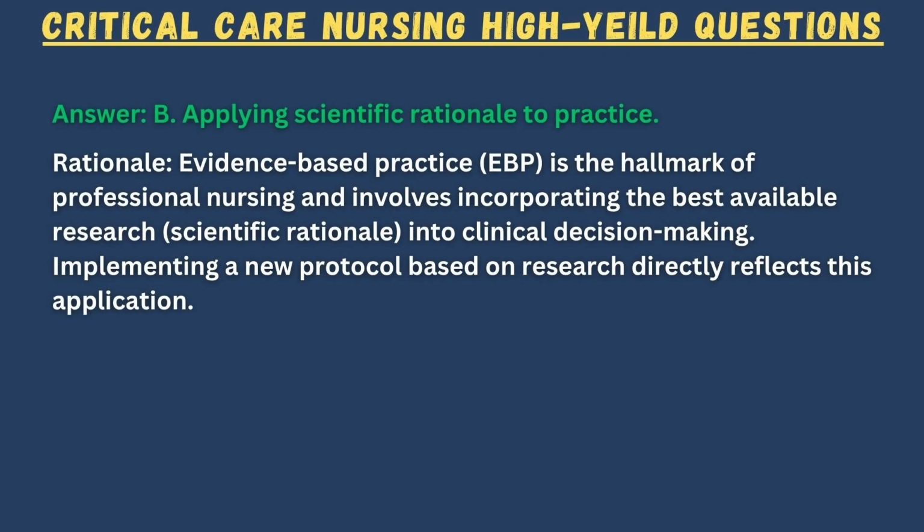Answer: B. Applying scientific rationale to practice. Rationale, evidence-based practice, EBP, is the hallmark of professional nursing and involves incorporating the best available research, scientific rationale, into clinical decision-making. Implementing a new protocol based on research directly reflects this application.